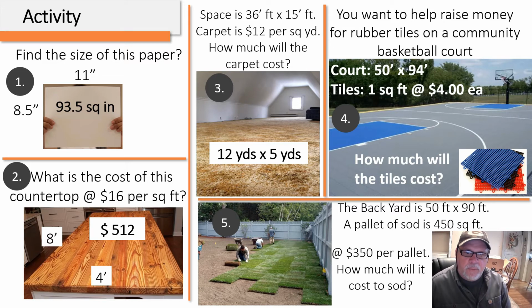And that will be 12 yards times 5 yards, right? 36 feet will be 12 yards. 15 feet will be 5 yards. You just divide each number by 3. All right, so we got a total of 60 square yards. Multiply that by $12 a yard, and the carpet will be $720.